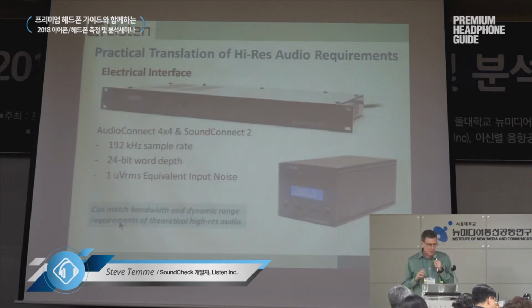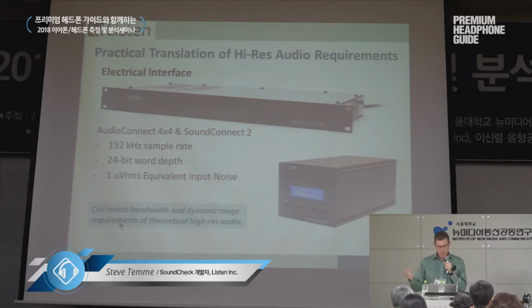So Listen is, obviously, in the test and measurement business. We want to be able to measure all frequency ranges, all dynamic ranges. And we do have some hardware that will sample at 192 kilohertz, 24 bits, and 1 microvolt of input noise. So clearly we can measure a wide dynamic range, a wide frequency range. In fact, the software doesn't care what the sampling rate is.